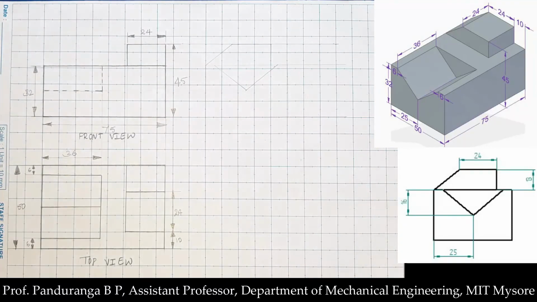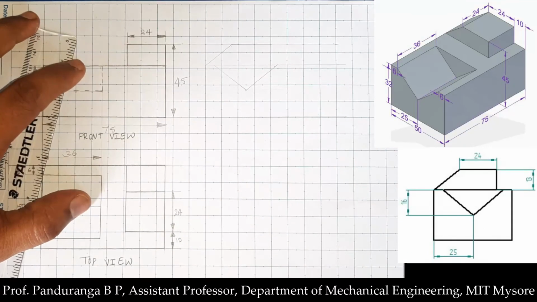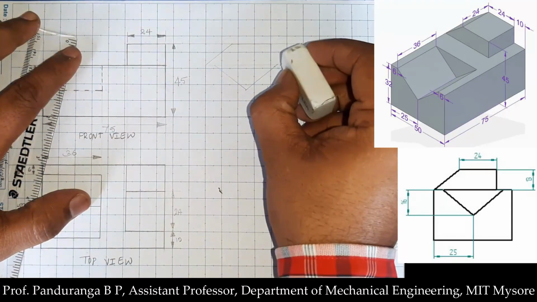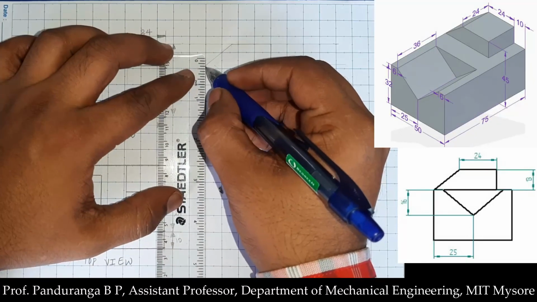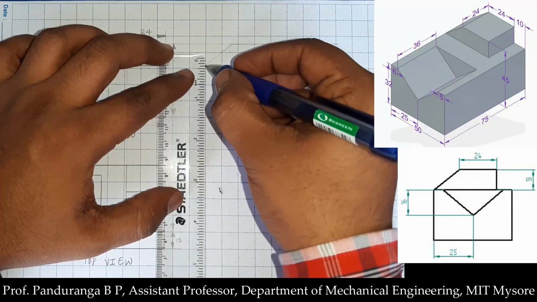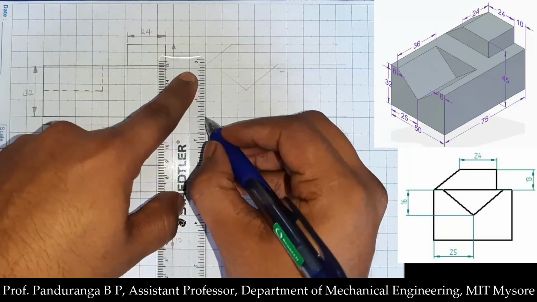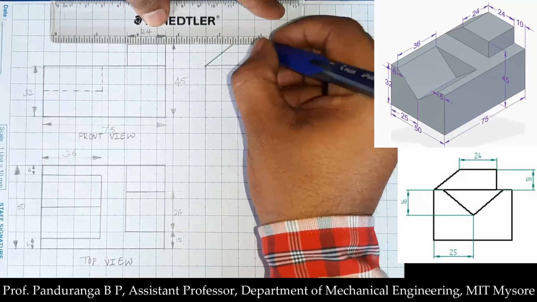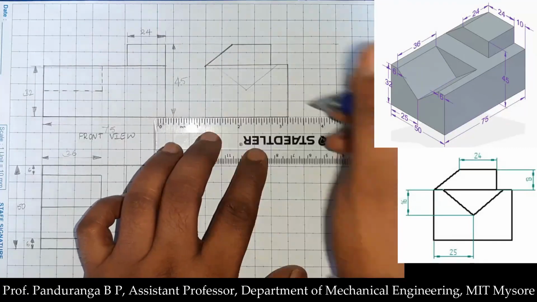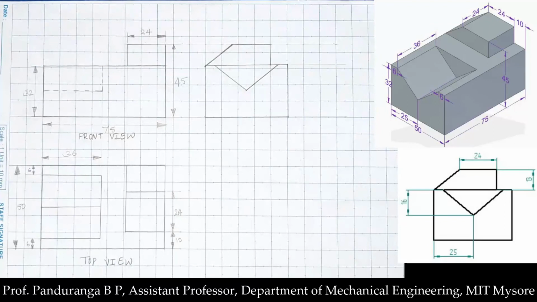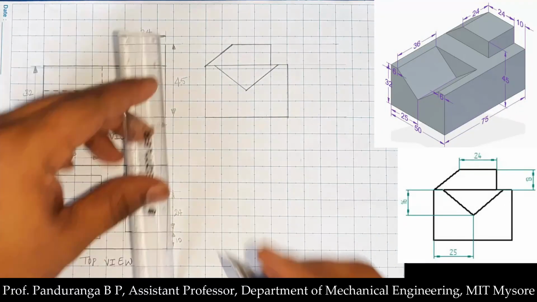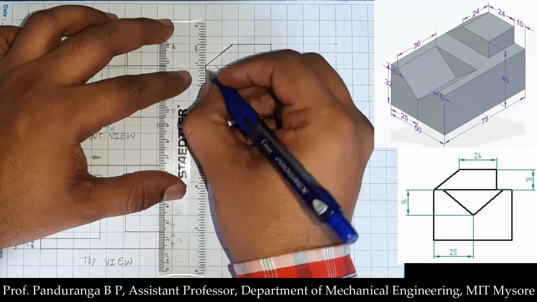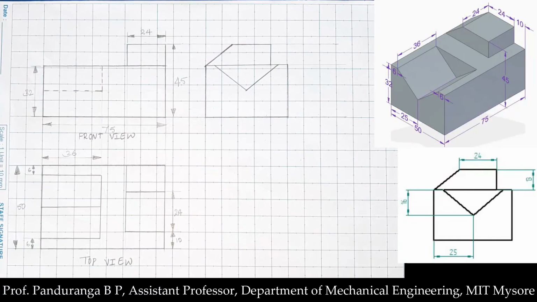Now the basic construction is complete. We need to start with darkening the lines. Now I'll darken the visible edges. Always the outermost edges are visible. Now the construction is complete in the side view. Now we need to show the dimensions.